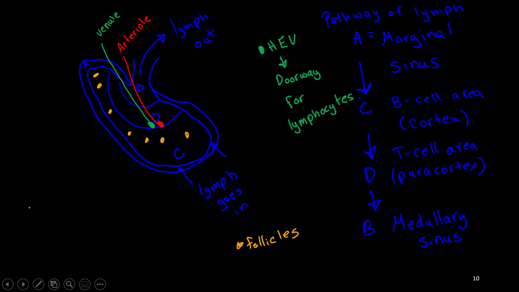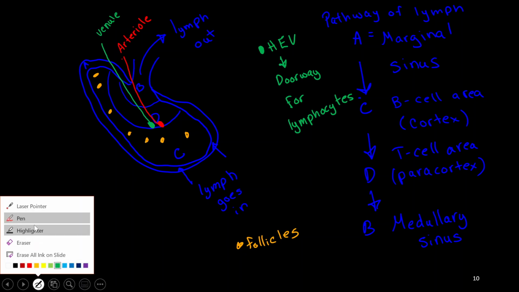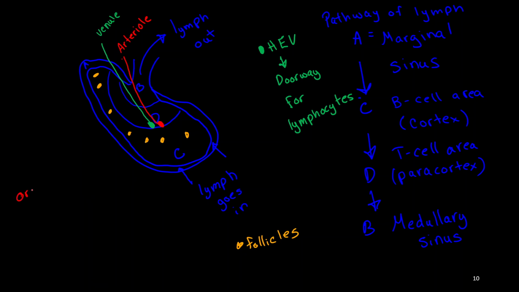This organization is accomplished by cytokines. So there's going to be specific cytokines that are going to interact with receptors. The receptors on the different types of lymphocytes are going to be different, so that the T cells will be attracted to the cytokines in the T cell area, while the B cells will be attracted to the cytokines in the B cell area.